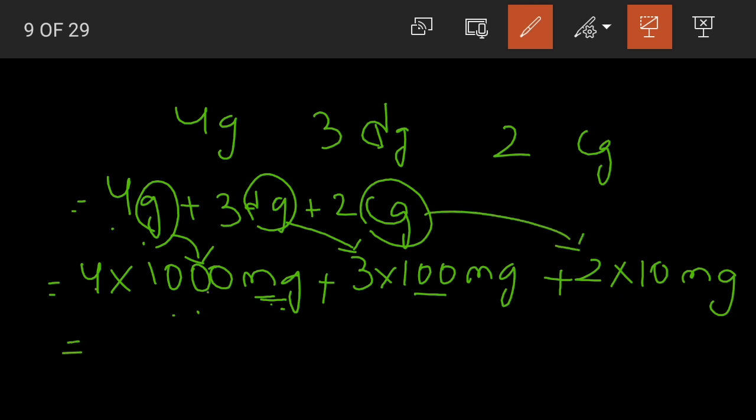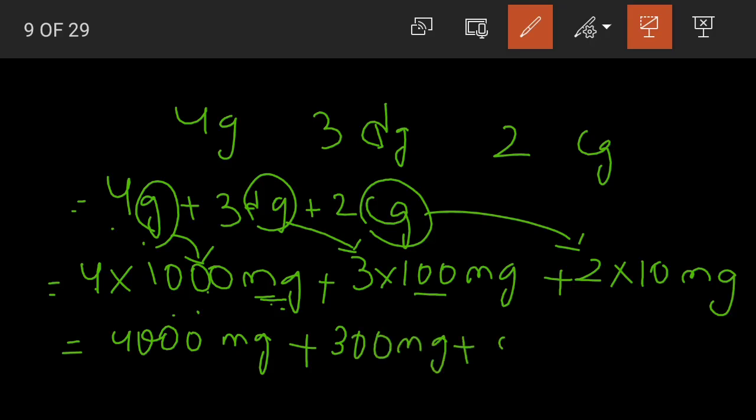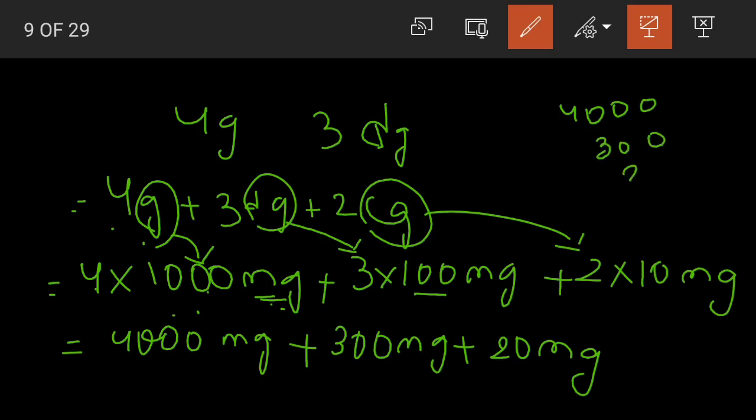So upon multiplying 4 into 1000, 4000 milligrams plus 3 into 100, 300 milligrams plus 2 into 10, 20 milligrams. So we'll write all these and we'll add 4000 plus 300 plus 20. What is the final answer?